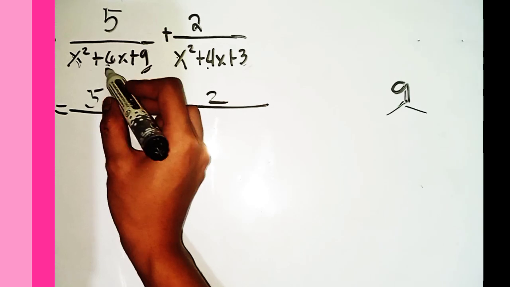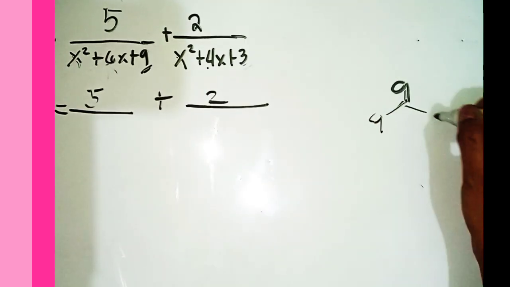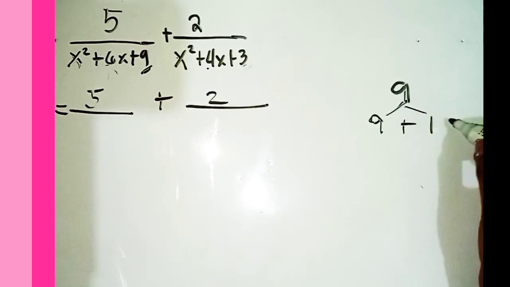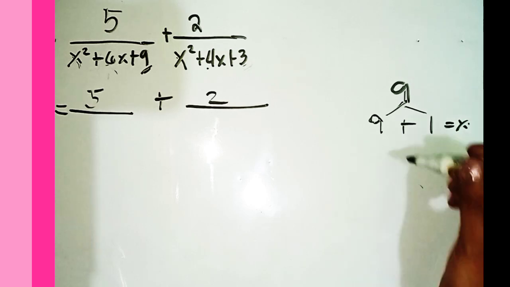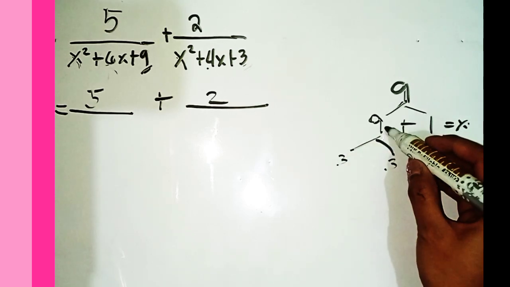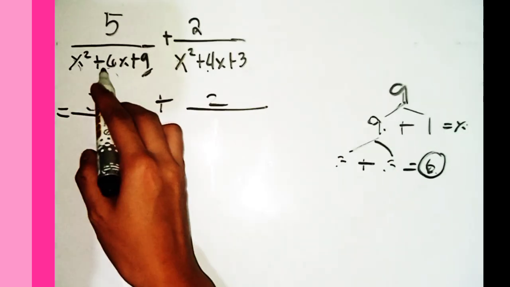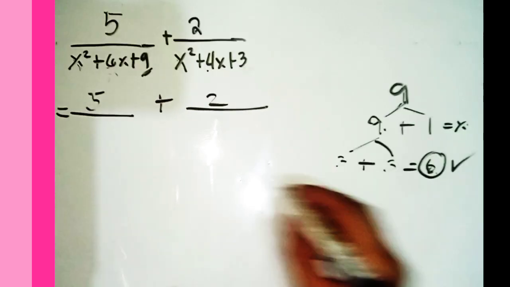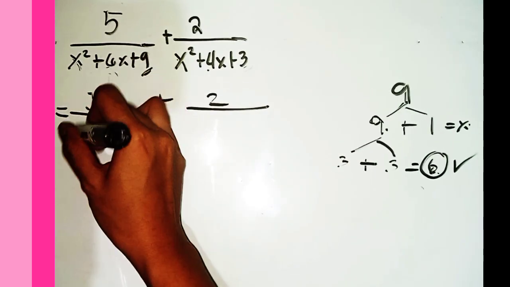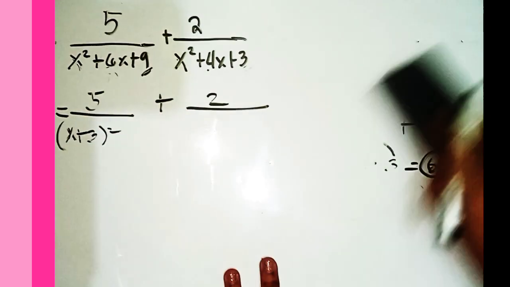We have 9 times 1. If we add 9 plus 1, that would be 10. So that's not the factor. So 9, we have 3 times 3. That is equal to 9. And if we add 3 plus 3, that is equal to 6. So that would be our factor. So x plus 3 squared. So it is a perfect square trinomial.